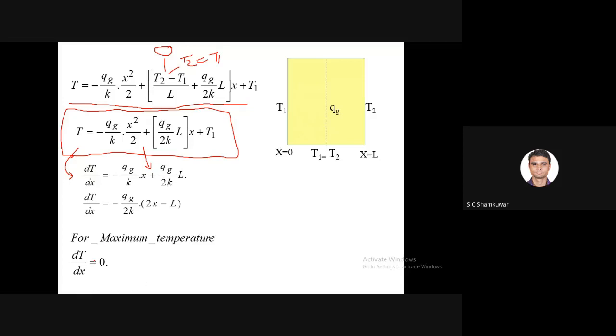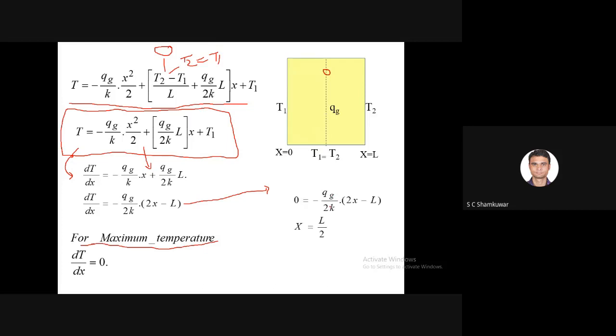Means dT by dx will be 0. Suppose the maximum temperature exists here, so here dT by dx will be 0. Are you getting? Therefore we apply the condition dT by dx equal to 0. This is the condition for maximum temperature. Understood?